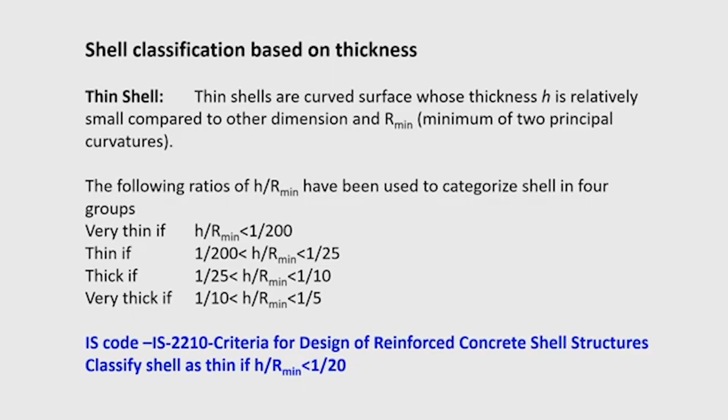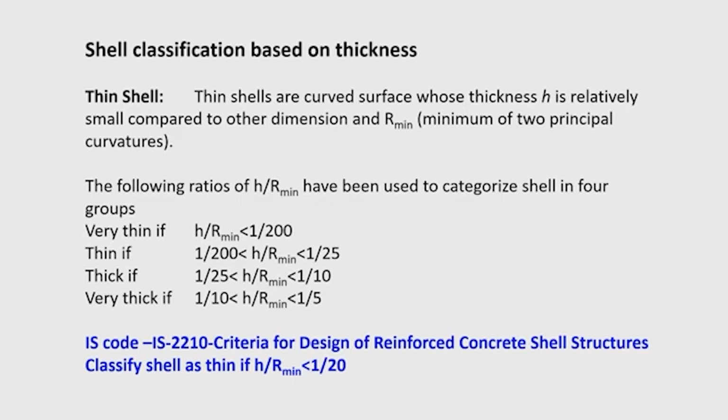When it lies between 1 by 25 and 1 by 10, we call it a thick shell, and when this ratio lies between 1 by 10 and 1 by 5, we call it a very thick shell.